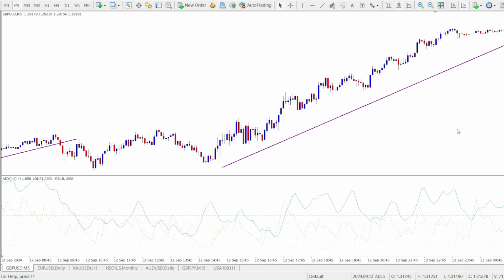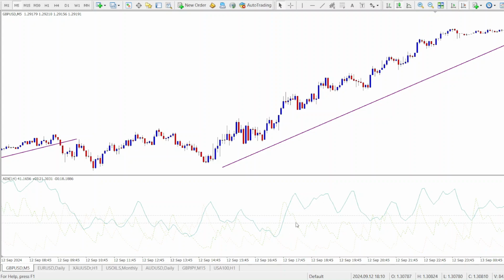Now, once the ADX is on your chart, look at how the lines interact. For instance, when the ADX line is rising, it's a sign that trend strength is increasing, whether that trend is upward or downward. On the other hand, the plus DI and minus DI lines are your directional indicators, helping you see if the trend is moving up or down.